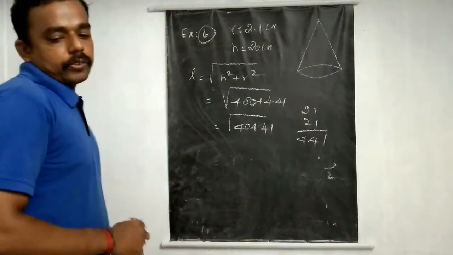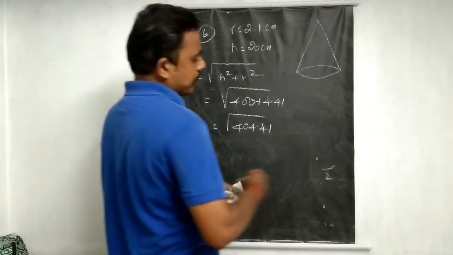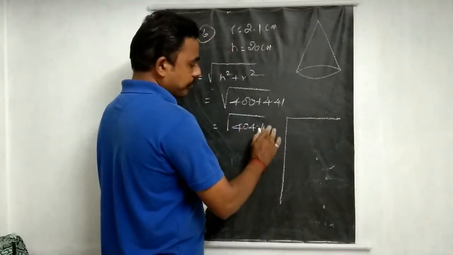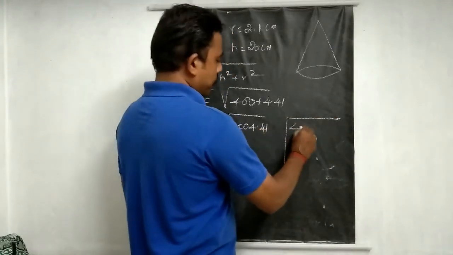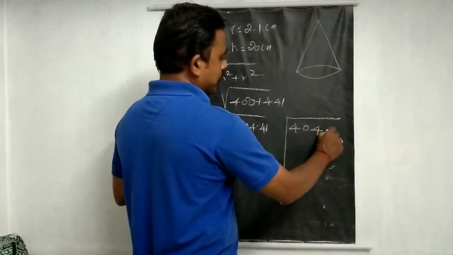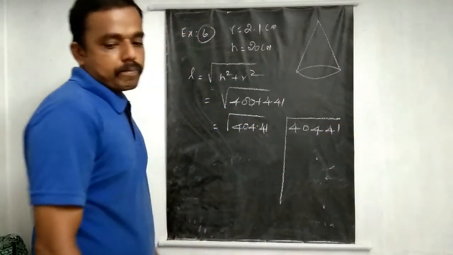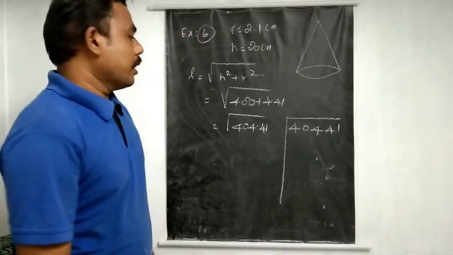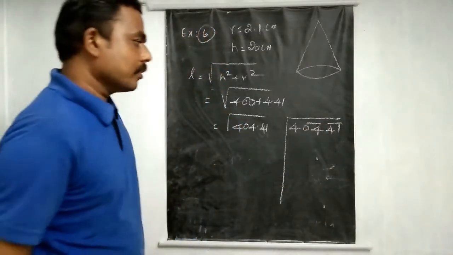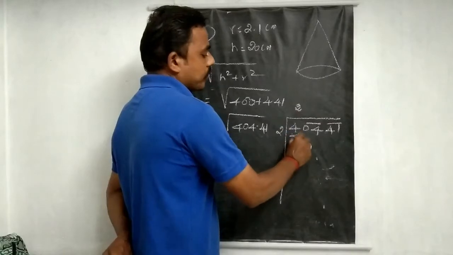Now we need to find the square root of this thing. How to find the square root of this thing? By using your long division method. So here 404.41. Don't consider the decimal, suppose 40441. Now using the last digits make pairs. Now 4, we can write 2 times 2 is 4.